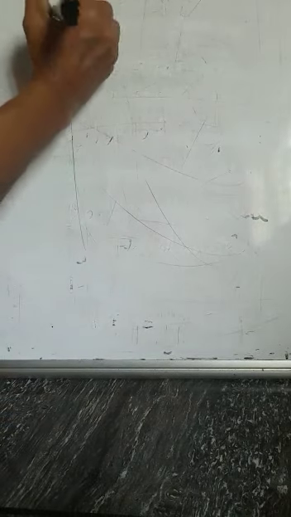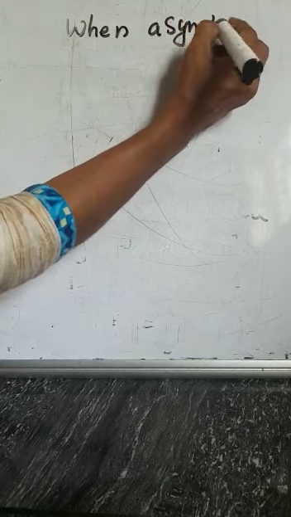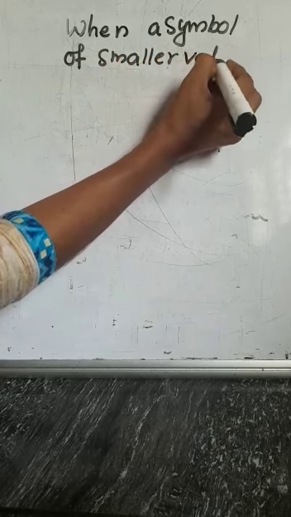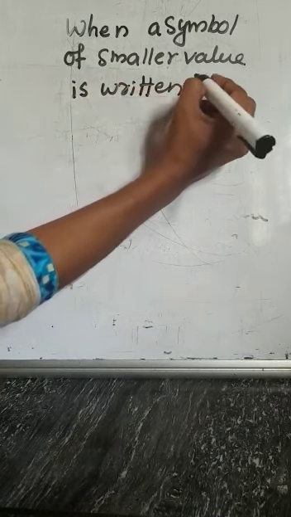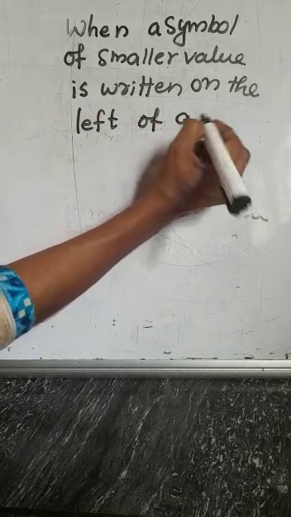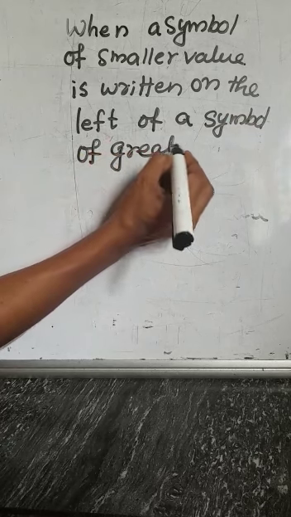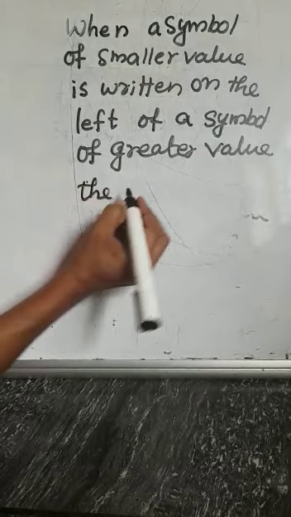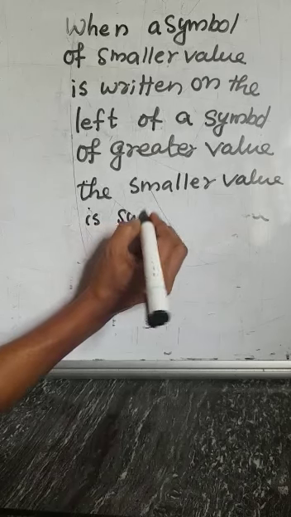Children, next rule. When a symbol of smaller value is written on the left of a symbol of greater value, the smaller value is subtracted.